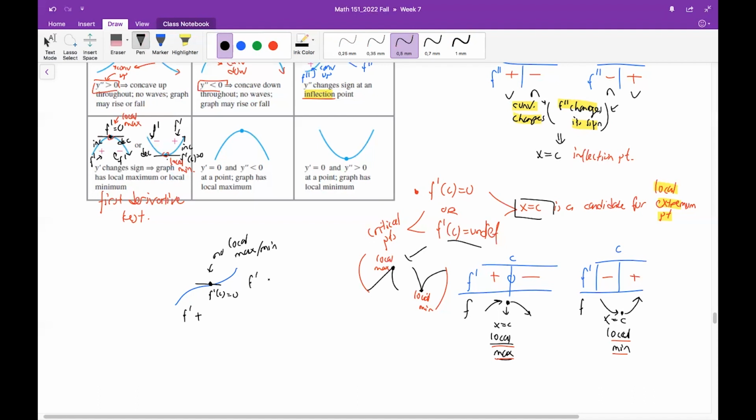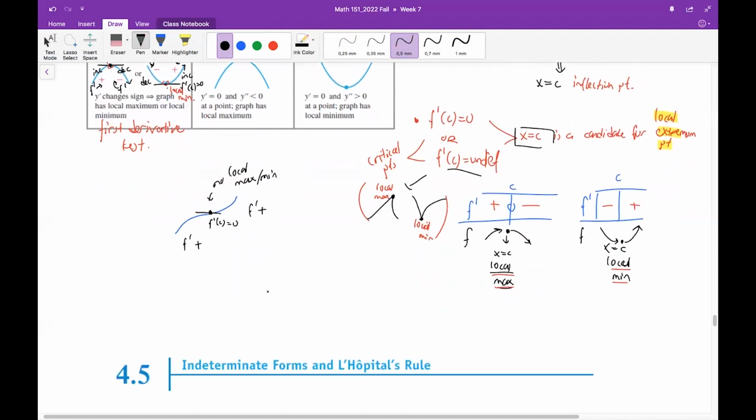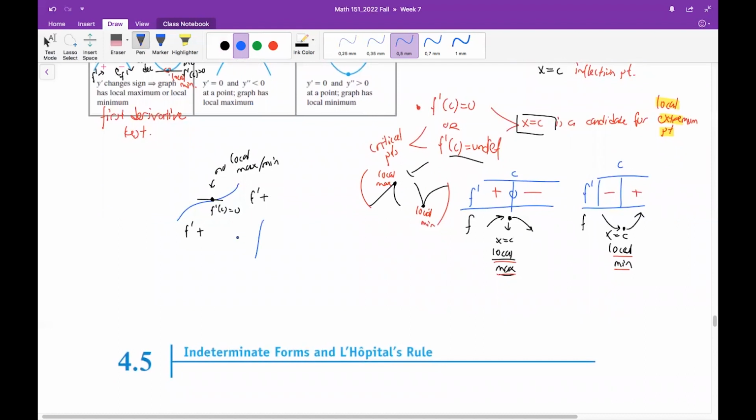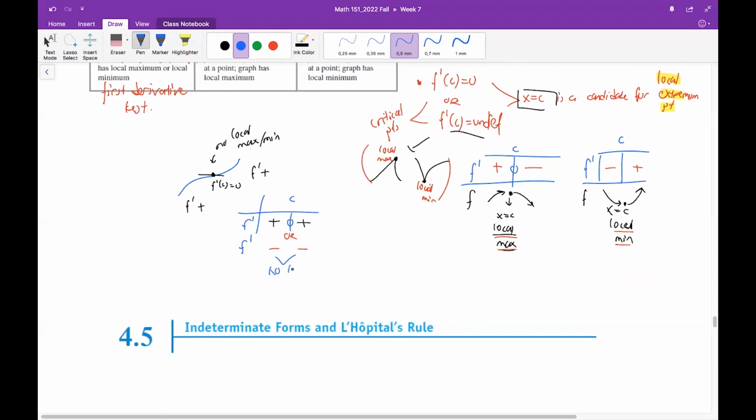The first derivative is always plus before and after the point c. Let's also put this case here. It may be plus plus, or sometimes minus minus. Even if your first derivative is 0 at c, you don't have a local max or minimum point there. No local max or min.